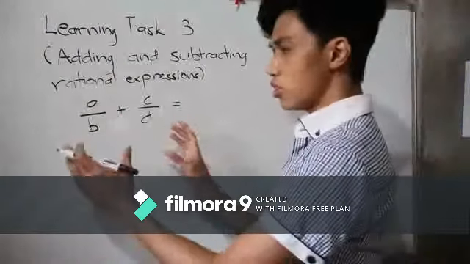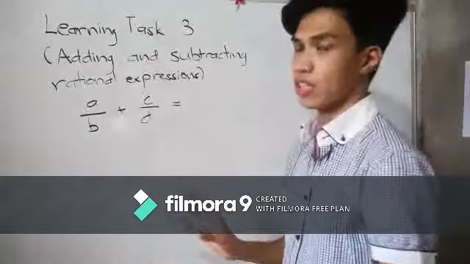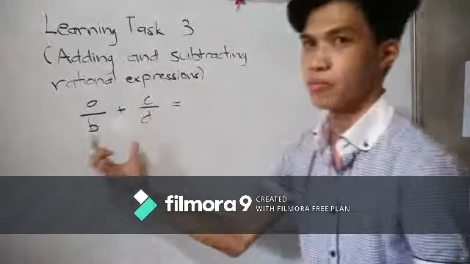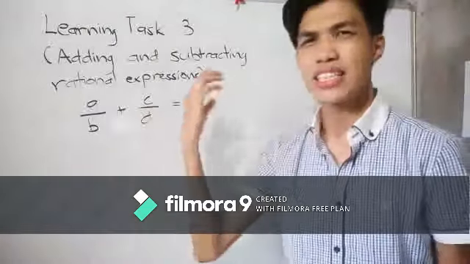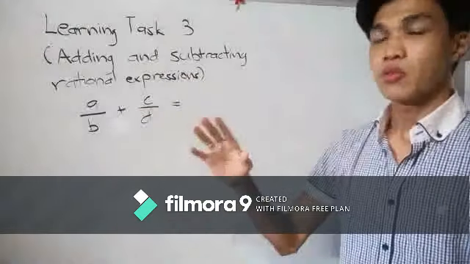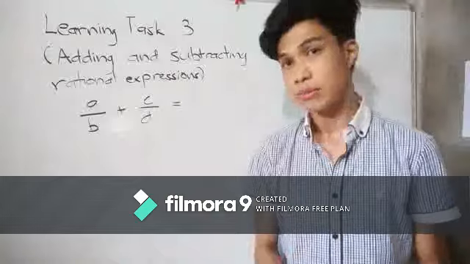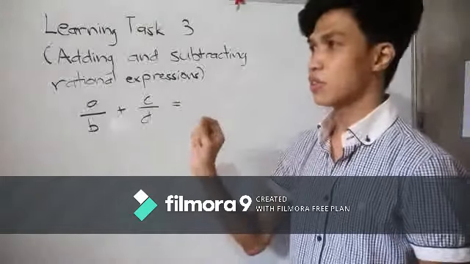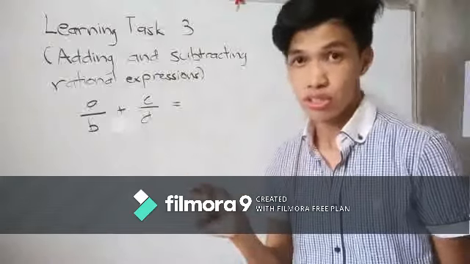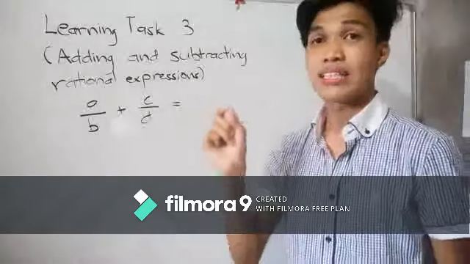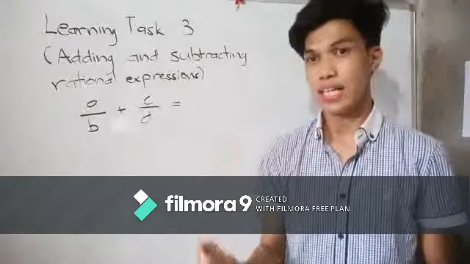In order to add these two fractions with different denominators, which are called dissimilar fractions, we need to find the LCD of that.